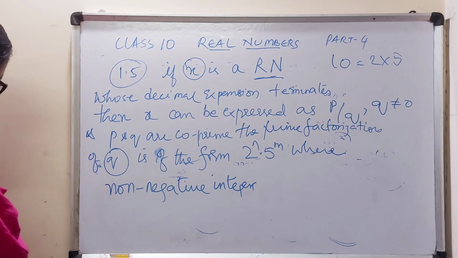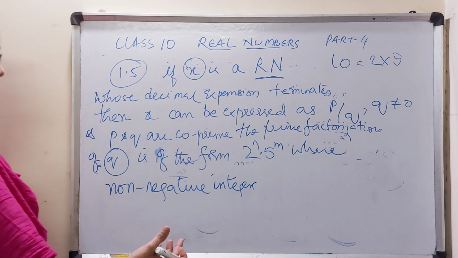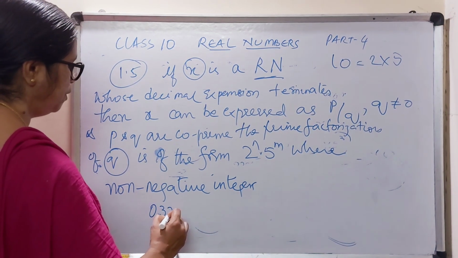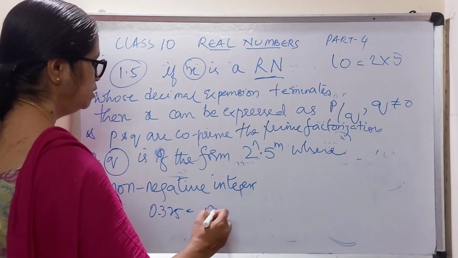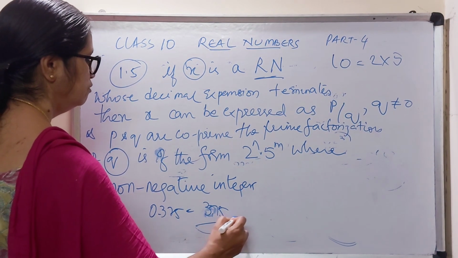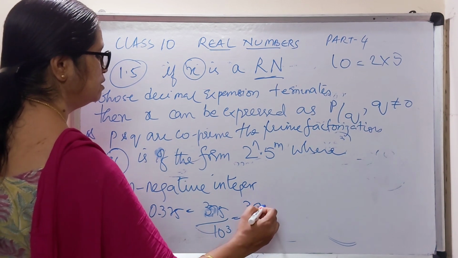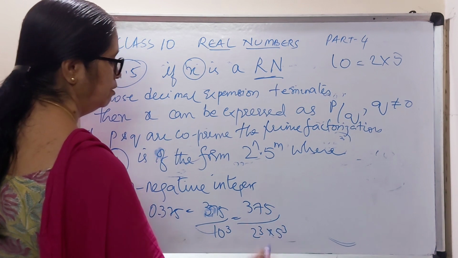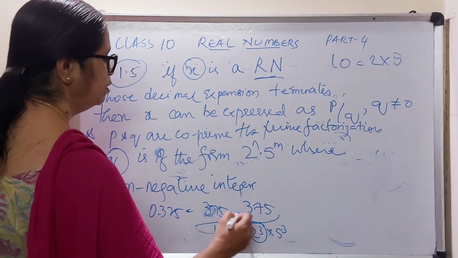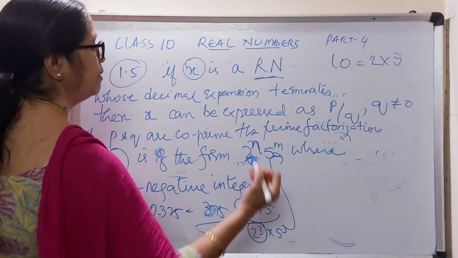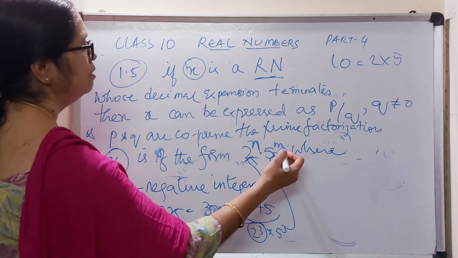This is very easy also. We have just shown 0.375 as 375 by 10 cube, which is written as 375 by 2 cube into 5 cube. What is 2 cube here? 2 cube is 2 to the power of n, and 5 cube is 5 to the power of m.